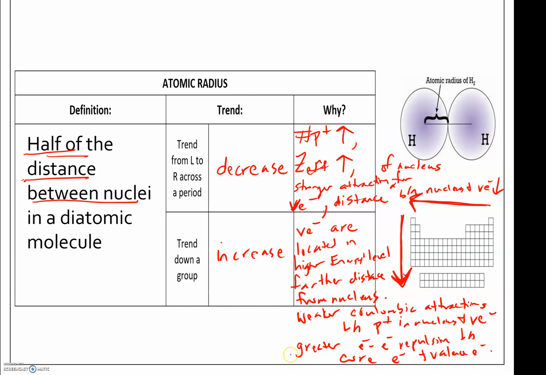So what does that do? It creates a larger atom. Maybe I should clarify that. When I mean a larger atom, I mean an atom with a larger radius. Okay? There you go.